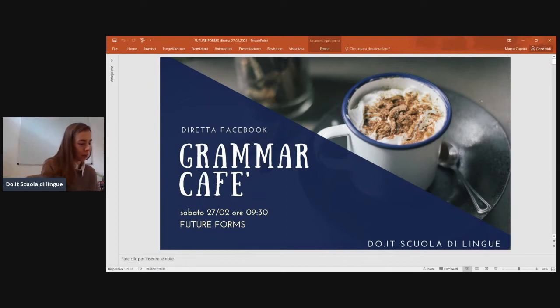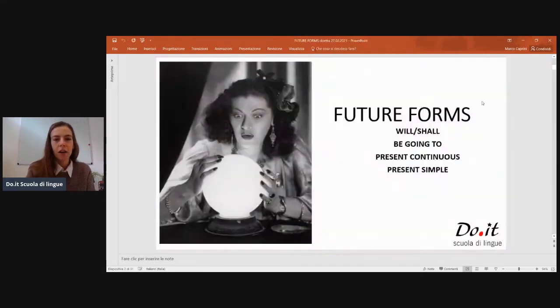We have many different ways to express the future. Today specifically we will be talking about will or shall, be going to, present continuous, and present simple. Maybe you are asking, how is it possible that present continuous and present simple are used to express the future? Why? How is that possible?